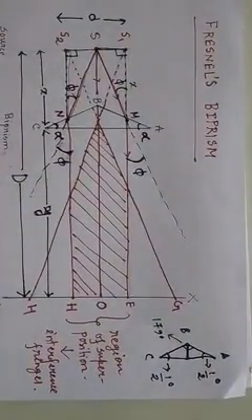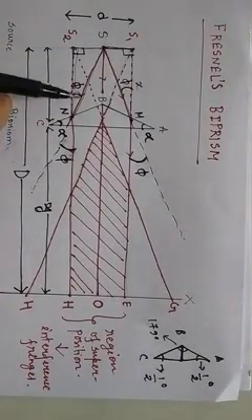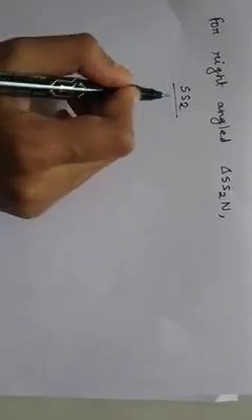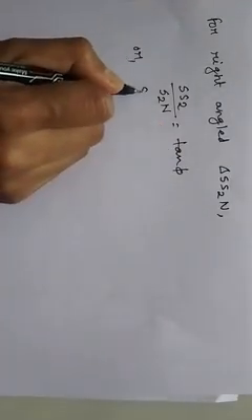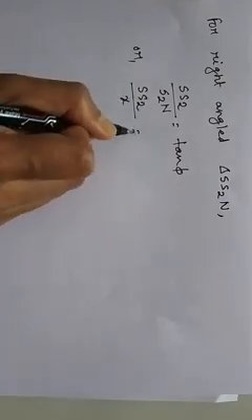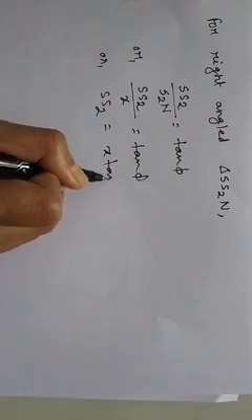Similarly, for the lower right angle triangle S2 N, S2 divided by S2 N, which is x, equals tan phi, or S2 equals x tan phi.